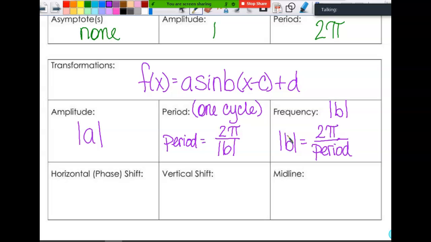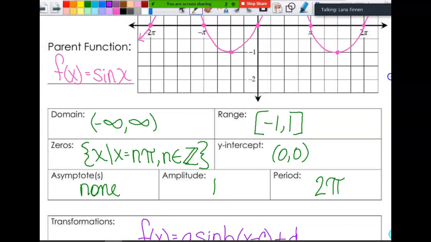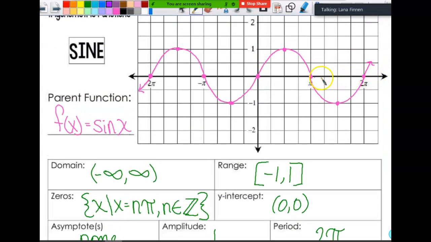Okay, they're related together. So then your horizontal shift for trig is actually called a phase shift, but still your shift left and right, that is C, just like it's always been. Your vertical shift, your up and down, is still that D, just like it's always been. The midline, and again, we will define this in words tomorrow, but for the parent function, your midline is the x-axis, so it's the line y equals 0.